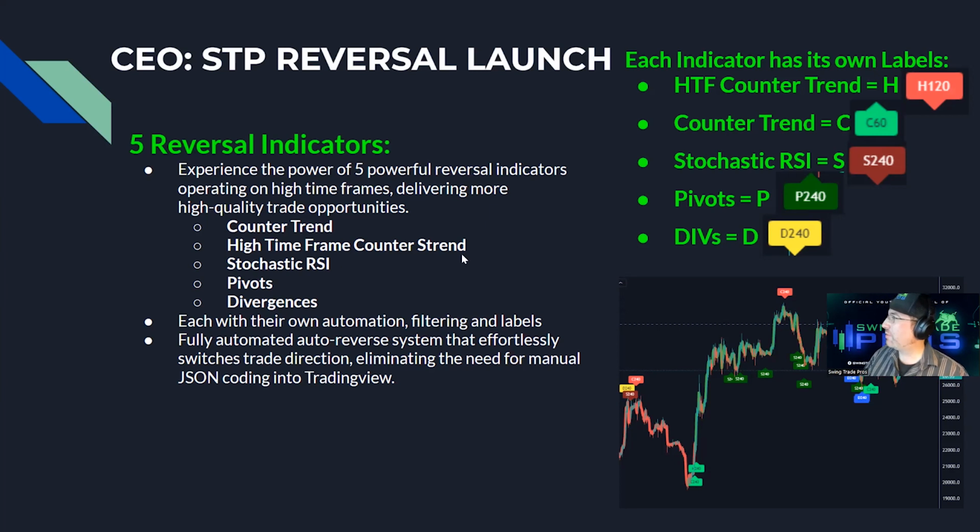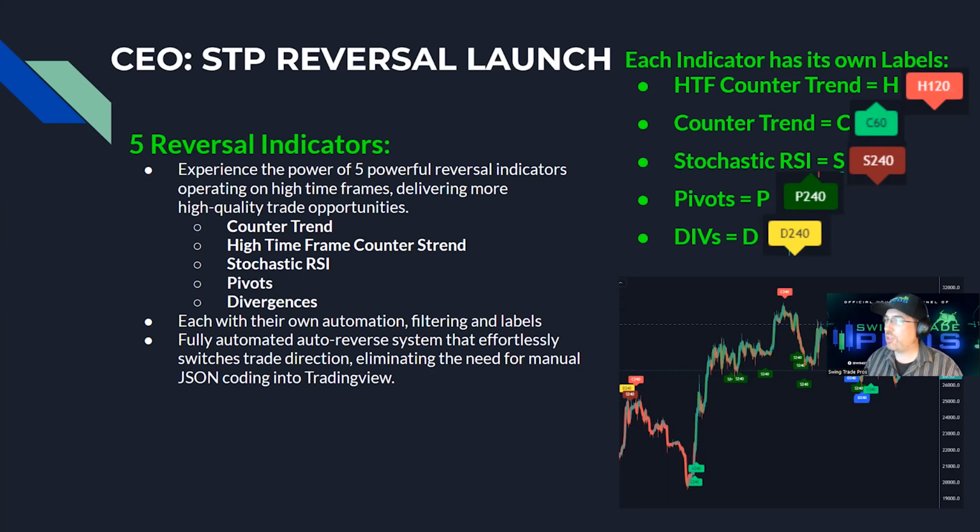And so we've got our counter trend, which is basically just using your current time frame on your chart. You can make that anywhere from, I would say I would go as low as 30 minutes. 1 hour is pretty good. And sometimes I put that even on a 4 hour, even when the high time frame is on 4 hour, just to give some different trading opportunities.